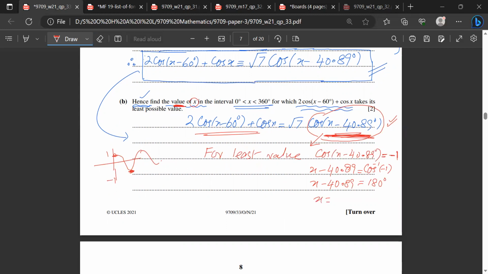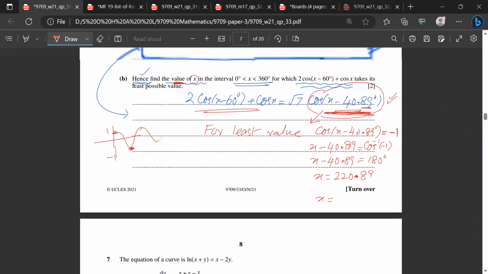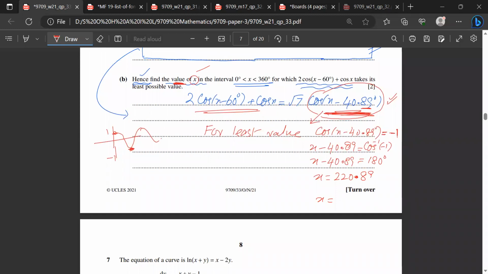So yes, we have the answer: 180 plus 40.89, so this value would be 220.89. But we know that the final answer should be correct to the required accuracy. Here the requirement was to write the answer for alpha to two decimal places, but for this last case we followed the instruction on the front page of the paper: all answers in degrees should be given correct to one decimal place.